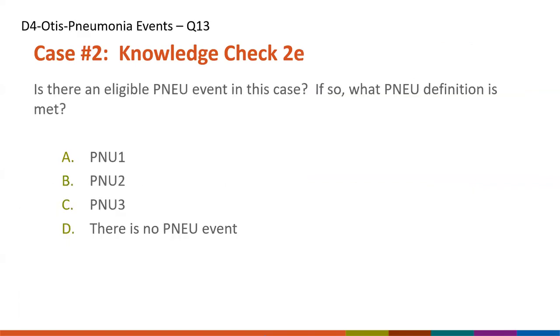Knowledge check 2E. Is there an eligible new event in this case? And if so, what definition is met? Your options are A, New 1, B, New 2, C, New 3, or D, there is no new event.